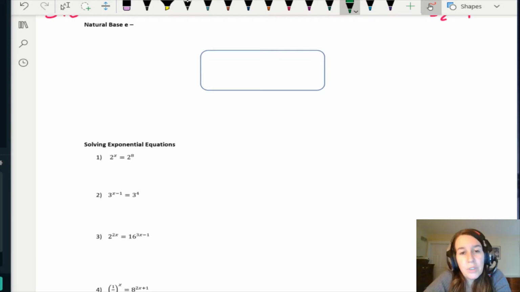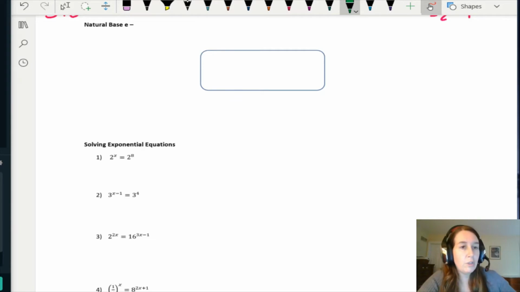In this chapter, we're going to talk a lot about the natural base, which is base e. You may have seen that letter before, which represents a number, but we are going to study it quite a bit in this unit, not really particularly in this section, but more when we're solving real-life problems, we will run into e quite a bit.